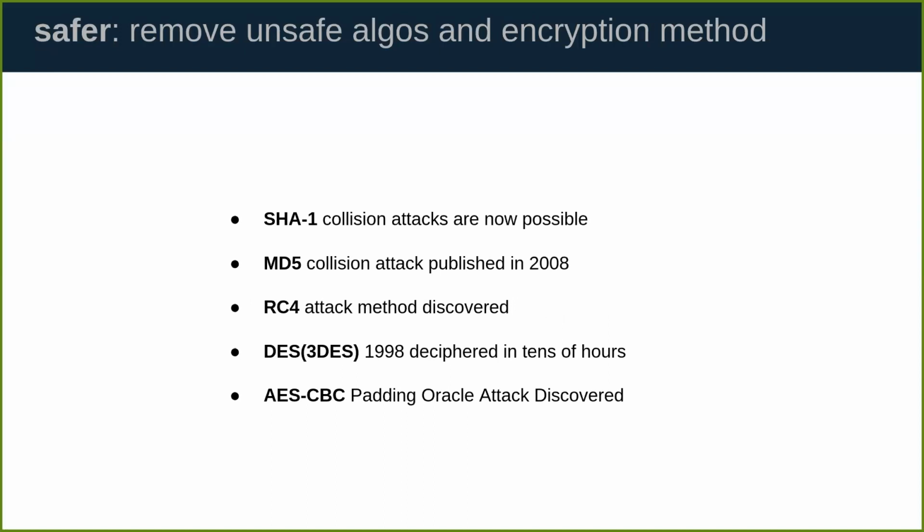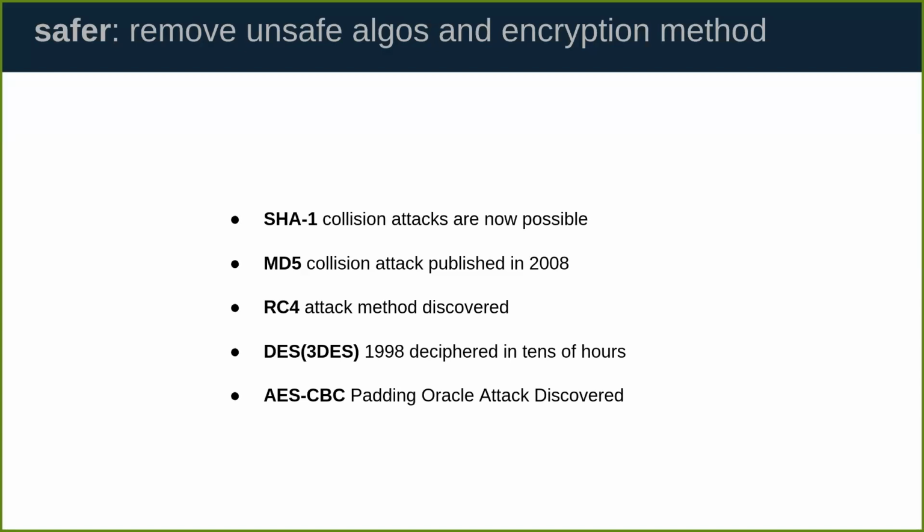One of the first steps that DTLS 1.3 takes to make it safer is removing obsolete cryptographic primitives. SHA-1 collision attacks have been proven, they are now possible. An MD5 collision attack was published in 2008, so MD5 is an obsolete hash. It has been considered unsafe for many years now. There have been attacks discovered against RC4.